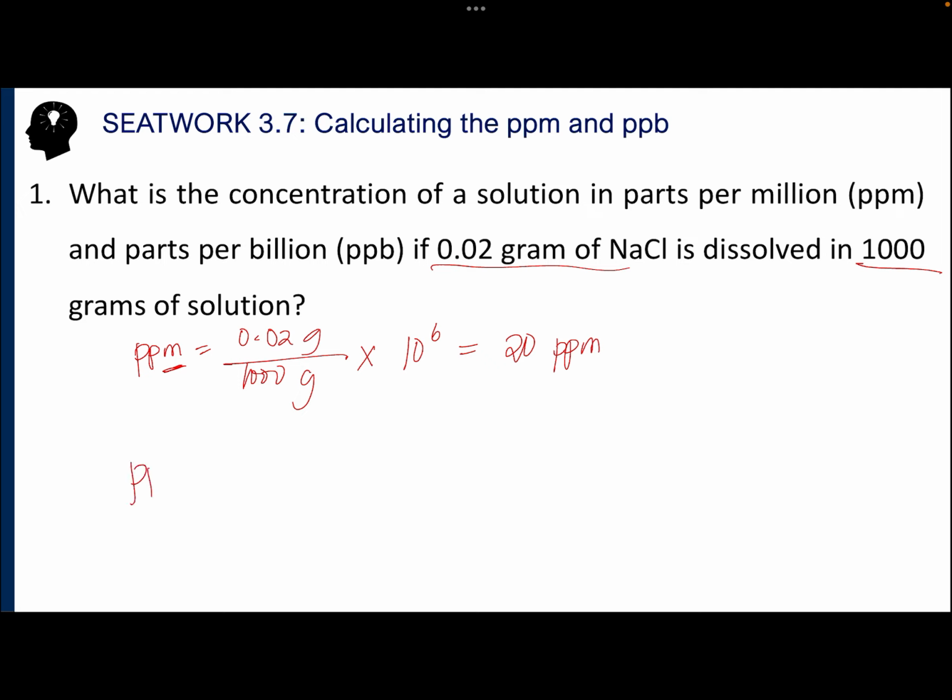For the second one, ppb, the solving is similar: 0.02 grams of solute divided by 1,000 grams of solution times 10 to the 9 equals 20,000 ppb. So the calculation of ppm and ppb is very easy. Again, let us remember that for ppm, multiply by 10 to the 6, and for ppb, multiply by 10 to the 9.